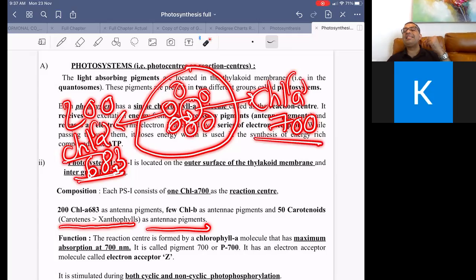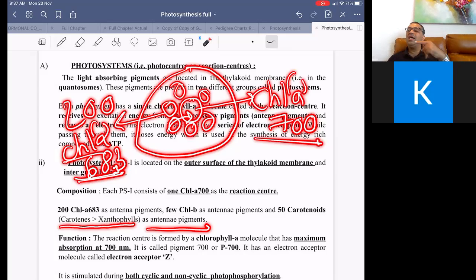And 683 के 200 मॉलिक्यूल है. All these chlorophyll A 683 molecules get excited at 683 nanometer wavelength and donate the energy to chlorophyll A 700 by something called, we remember, resonance transfer.